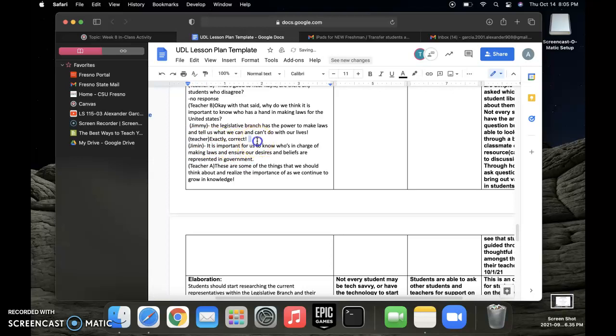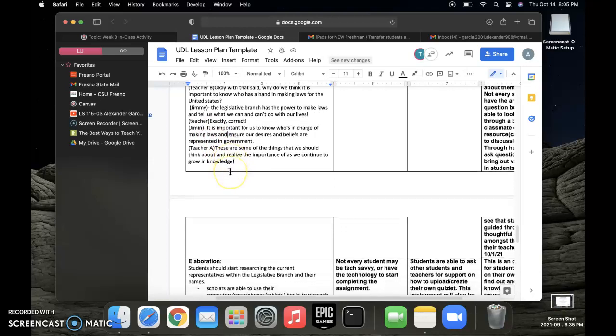Work in progress. Lastly, Jimin responds, it is important for us to know who's in charge of making laws and ensure our desires and beliefs are represented in government. And then this is Jimin adding to Jimmy's thoughts.